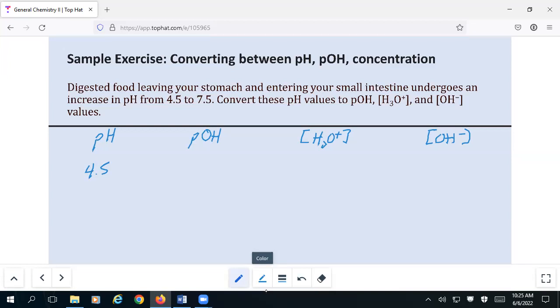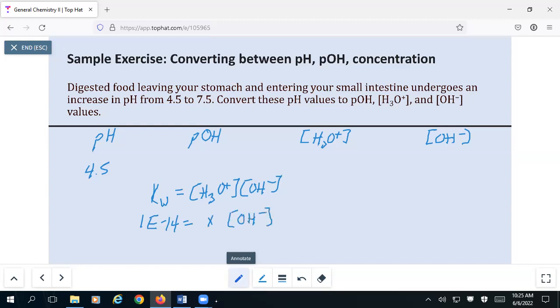Because when it comes down to it, what you'll end up having to do is Kw is equal to hydronium times hydroxide. And so I've got 1 times 10 to the negative 14th is equal to some value times hydroxide concentration, which is going to be some sort of exponential. And so I'm going to have to take this exponential divided by this exponential.